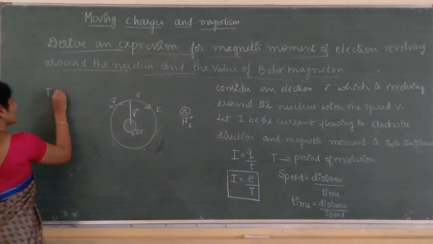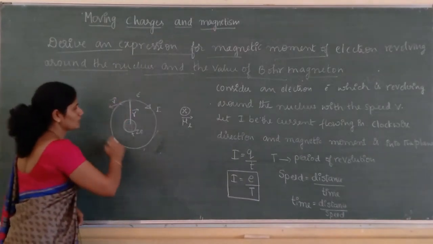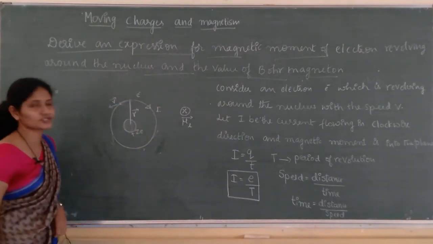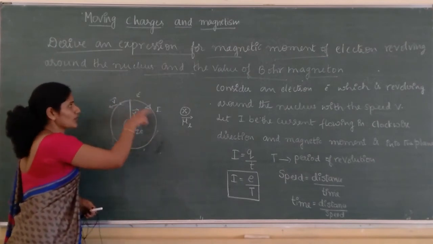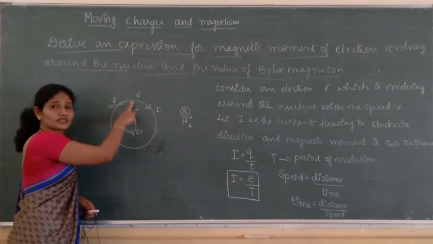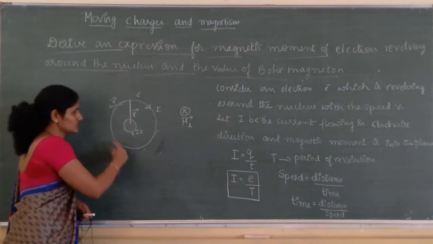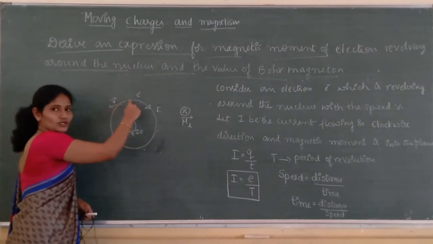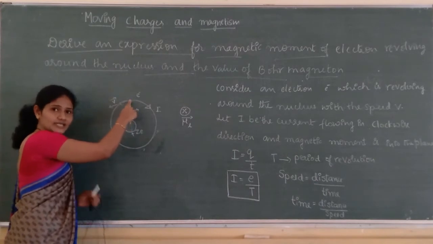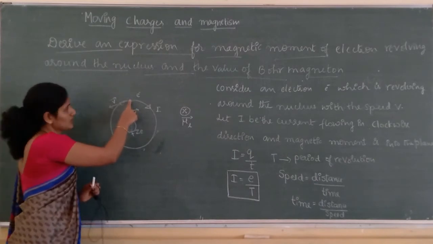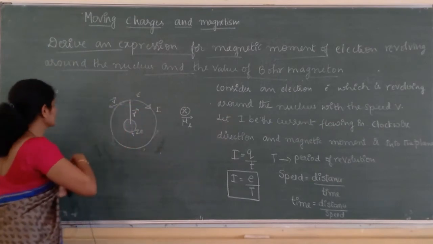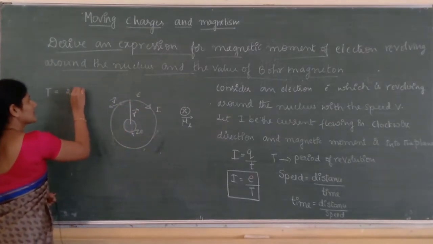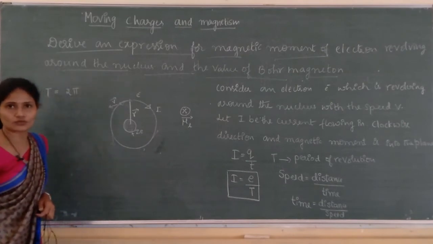Time for one revolution is time period T, which is equal to, when this electron completes one revolution, what is the distance covered by the electron? So, this is the distance covered by the electron, which is nothing but the circumference of the circle. So, during one revolution, the distance covered by the electron is 2 pi r. 2 pi r is the circumference of the circle.